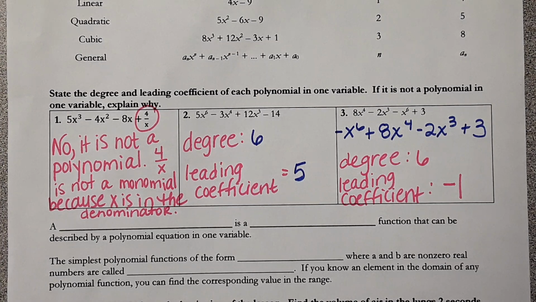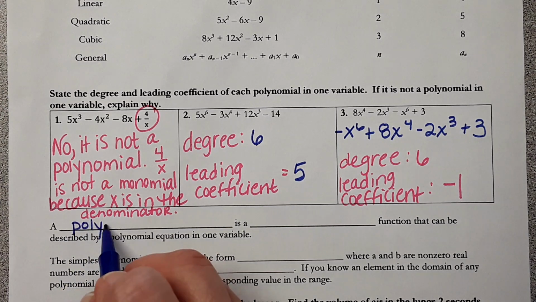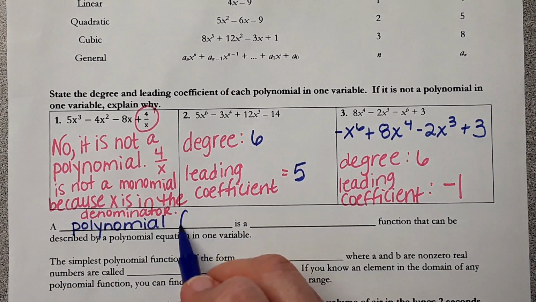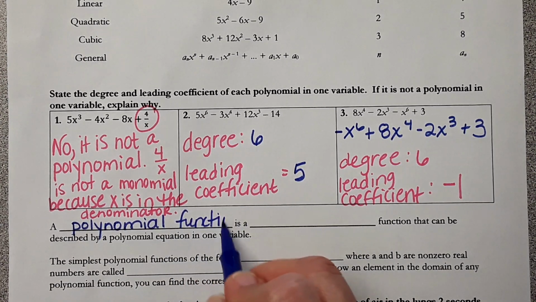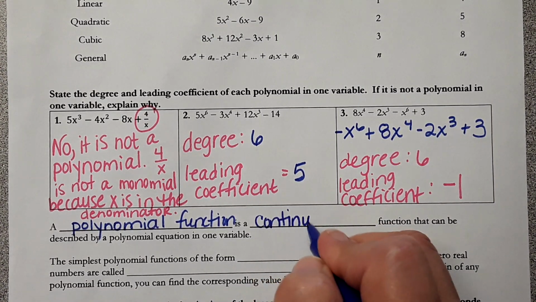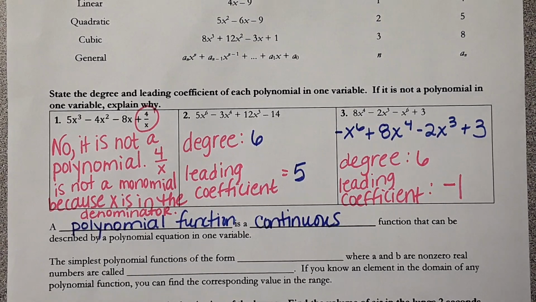Now, let's talk a little bit about polynomial functions. A polynomial function is a continuous function that can be described by a polynomial equation in one variable.